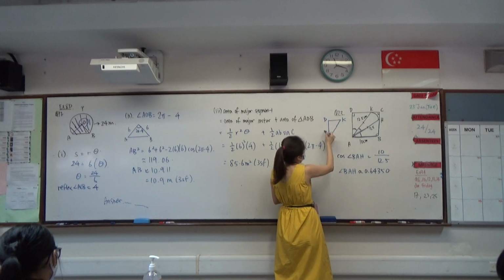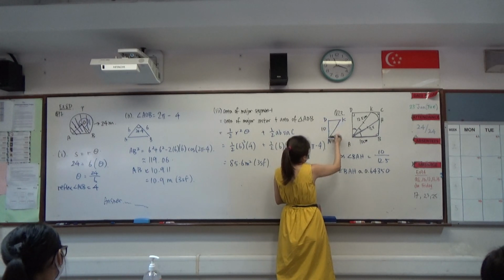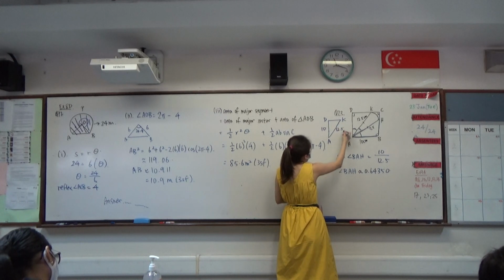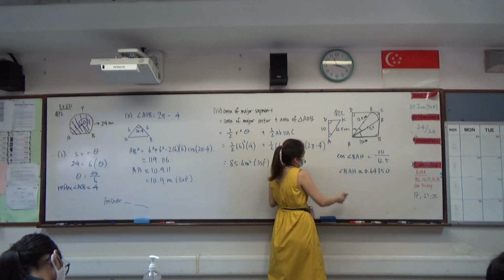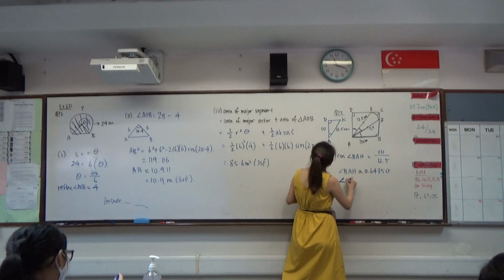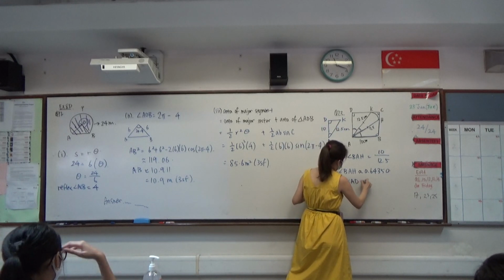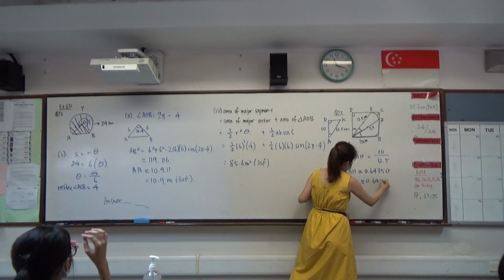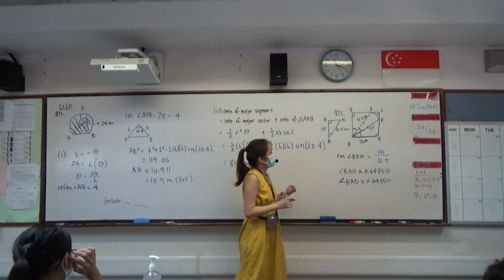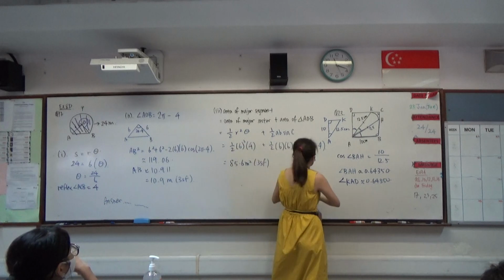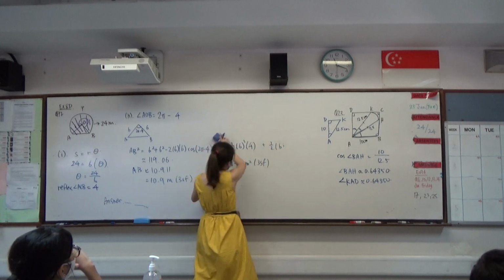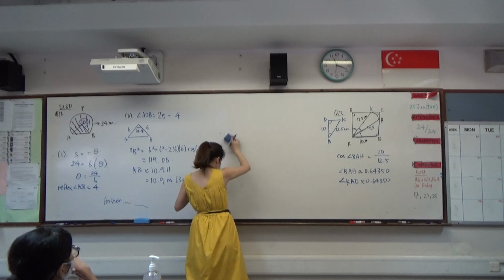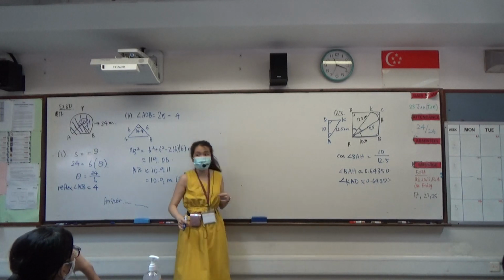Then for angle KAD, actually it is also the same right angle triangle because triangle KAD will have this side being 10 cm and the hypotenuse here is 12.5 cm. Looking at this one, adjacent over hypotenuse, so angle KAD is the same. Therefore the angle of KAH will be taking 90 degrees. We need to be familiar with certain special angles when they are in radians. 90 degrees will be pi over 2.